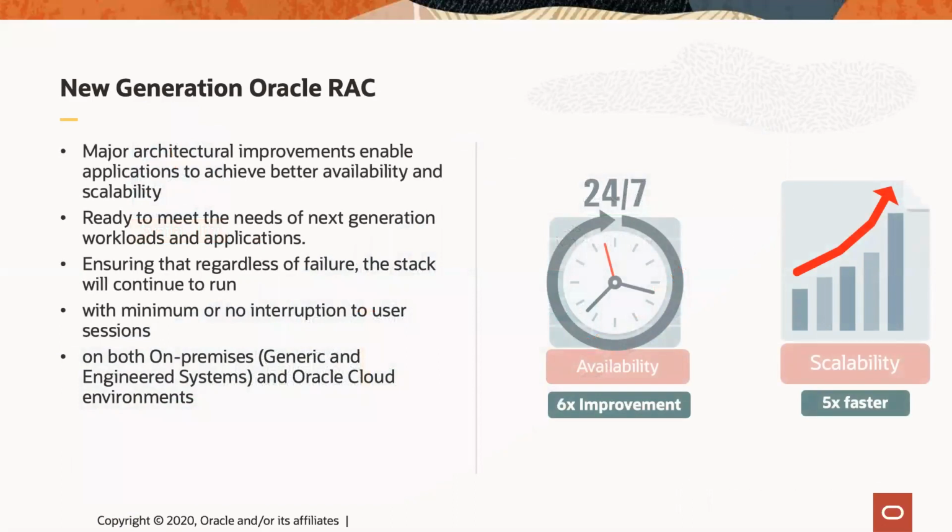So summary again, new generation Oracle RAC, the numbers that you saw, about 5x times scalability, 6 times more availability, is because of architectural improvements. Specifically, we have tuned the algorithms to keep up with the changes in the hardware so that customers can realize the benefits of all these features, scalability and availability, without any changes to their application.